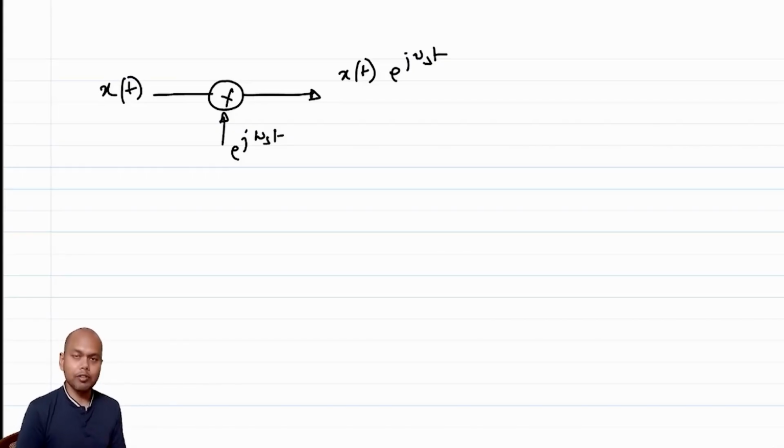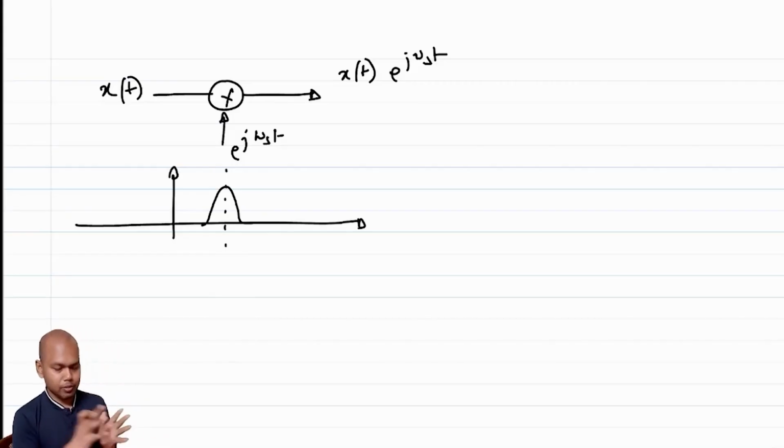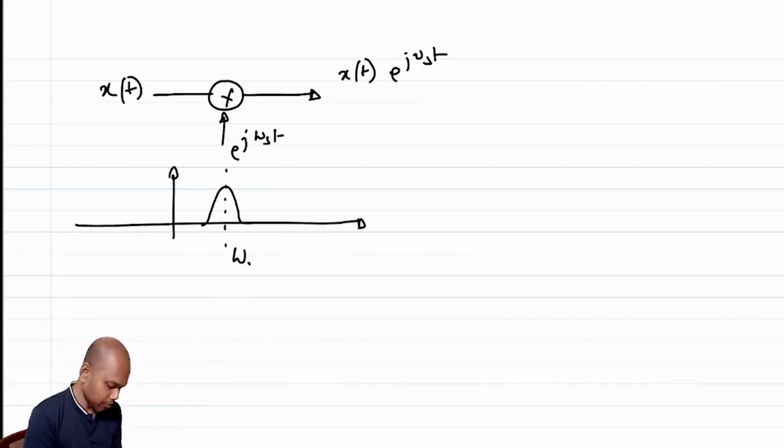For this, obviously, you will need to know what is the spectrum of x of t. Let's say it's not a periodic signal. Let's say it's an aperiodic signal, right? So let's say the spectrum of x of t is something like this. Instead of a tone, it has a spread around some omega naught.